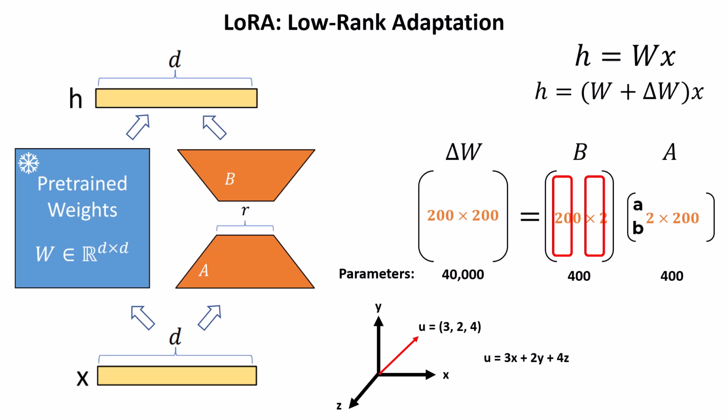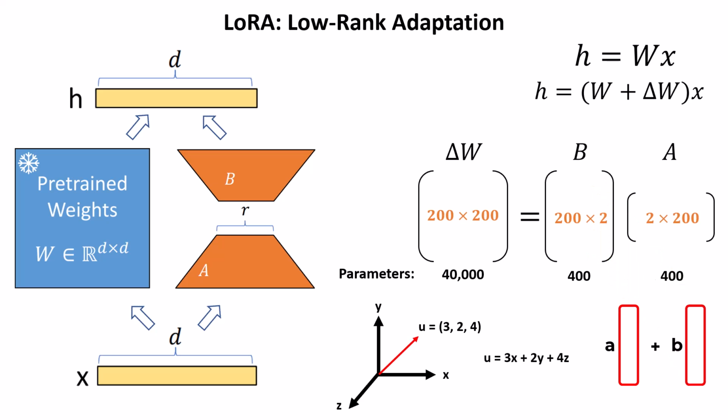That means if I multiply the first column of matrix B by a and the second column by b, then I have the first column of delta W. Similarly, I can do it for the second column of A and do the same combination to get the second column of delta W, and so on until I make the whole delta W. But in practice, we don't know how many of these columns can be represented by the others, so we set it as a hyperparameter. And that hyperparameter depends on how much change we want to perform.